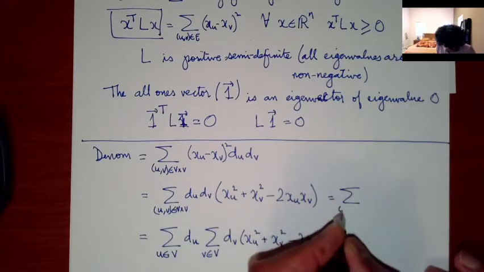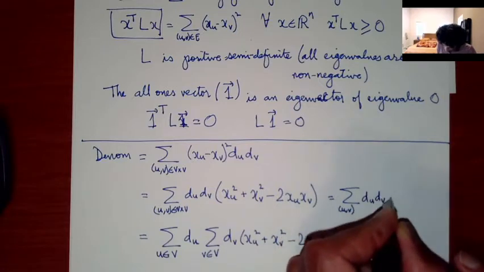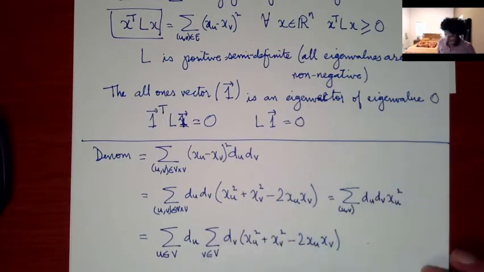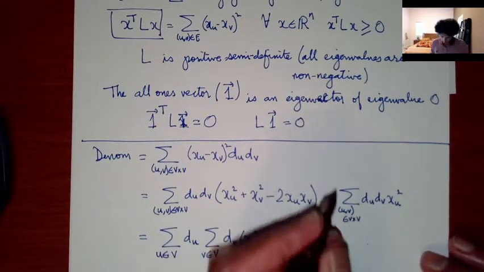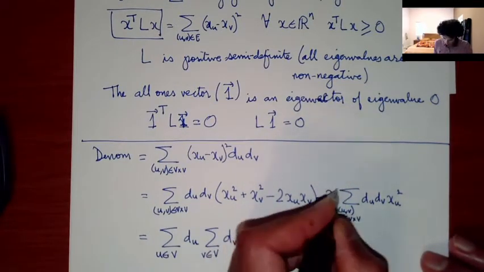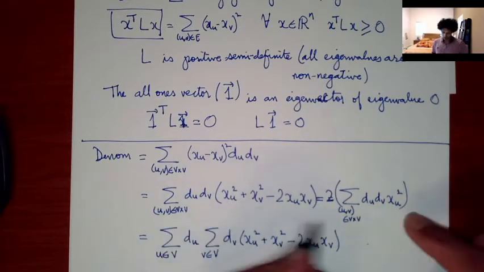So we have summation over u, v of du dv xu squared. And note that this is going to be multiplied by a factor of 2, because the xv and xu terms are basically symmetric.